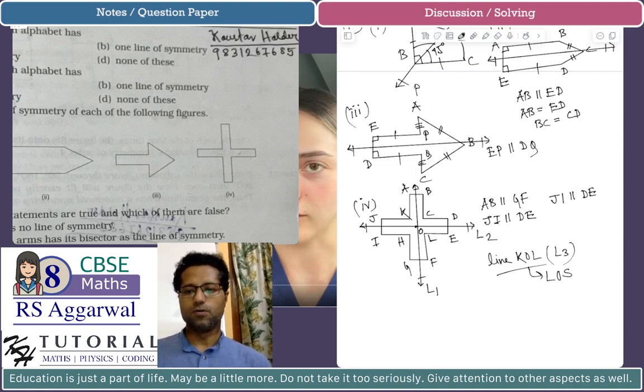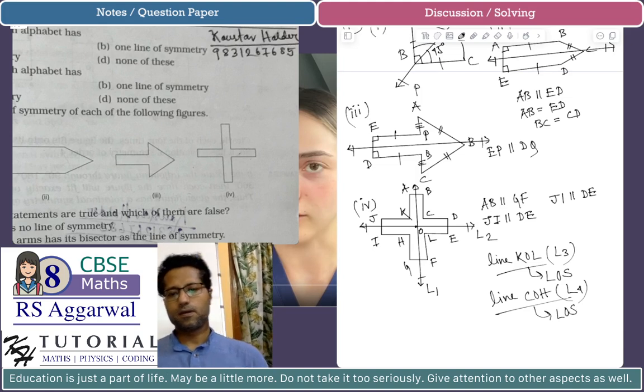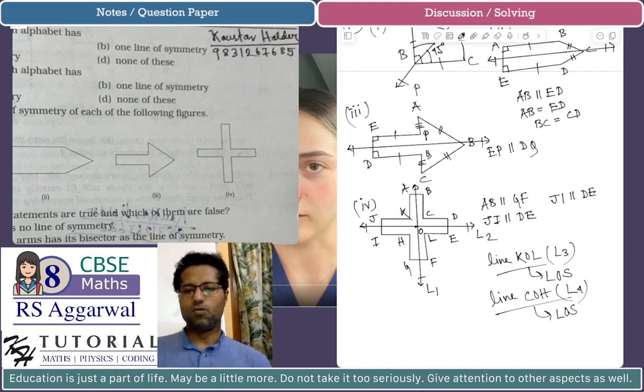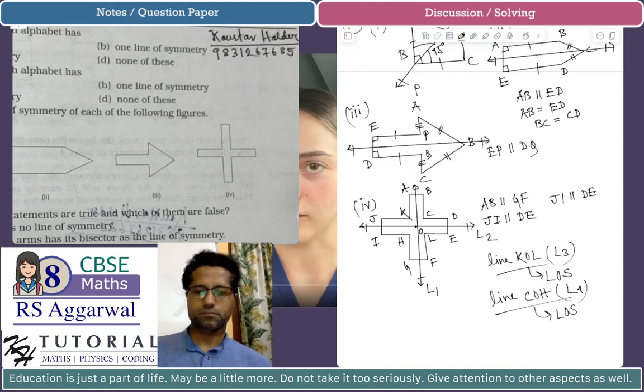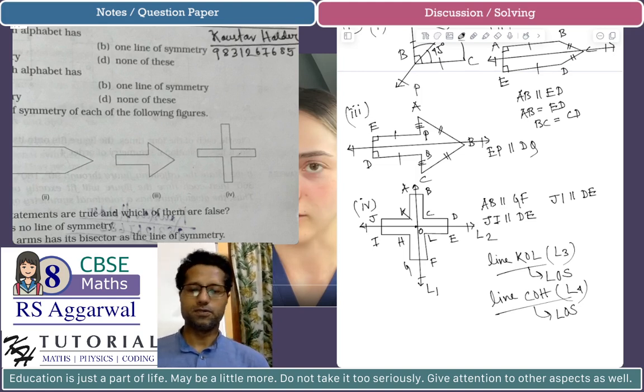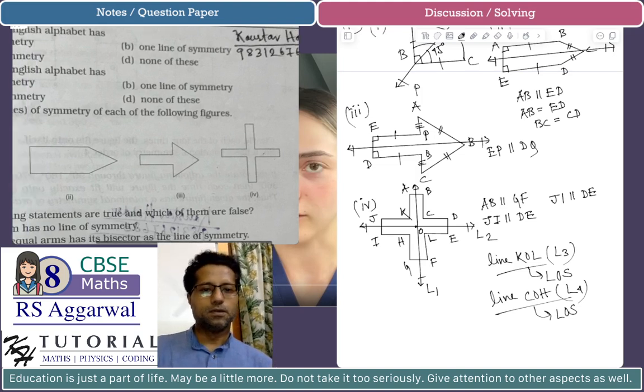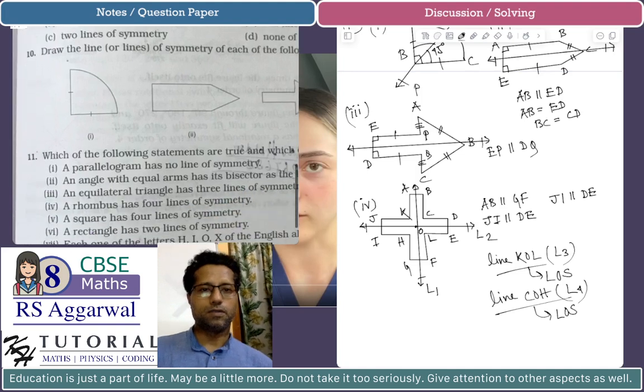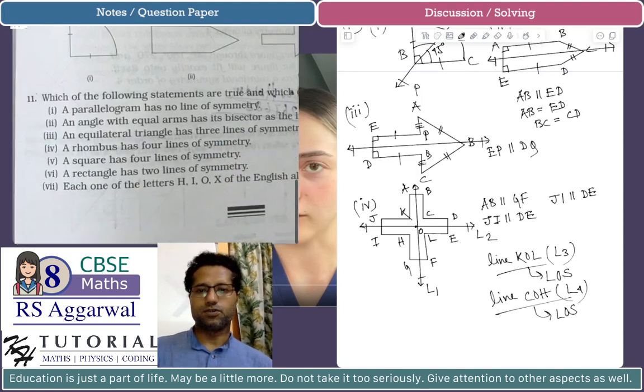Also the line COH, let's say this is L4, will also be a line of symmetry. So it has four lines of symmetry. Okay. That was question number 10.